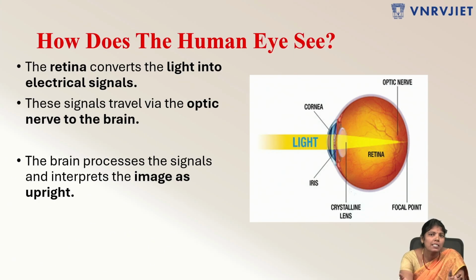When the light falls on the cornea and is transmitted, finally it reaches the retina, and behind the retina the light sensitivity converts it into electrical signals.